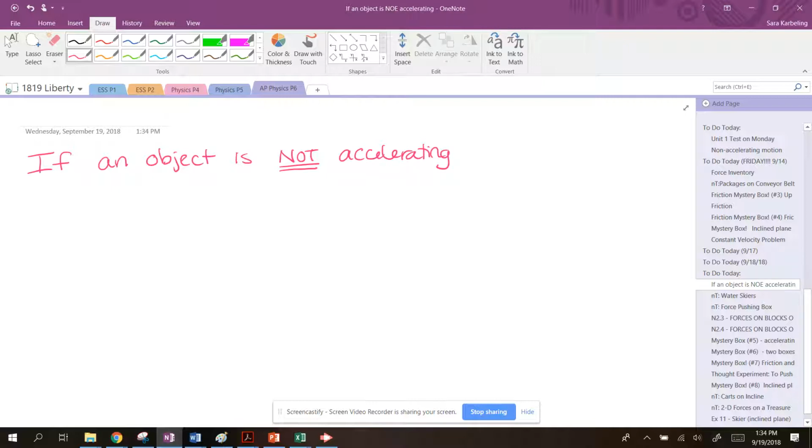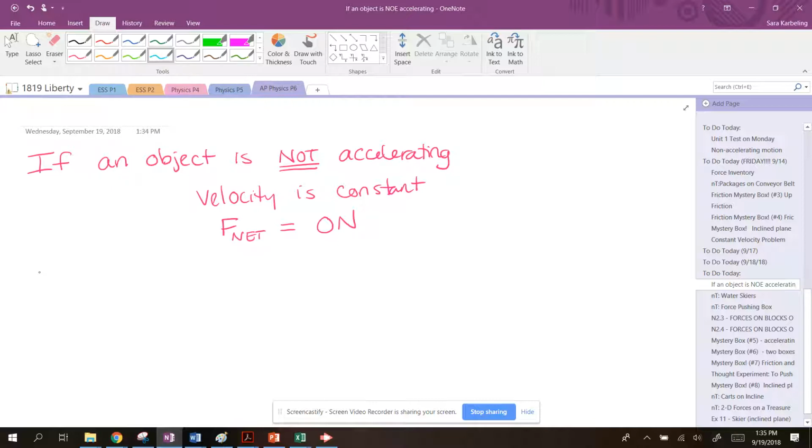What do you know about its velocity? The velocity is constant. Awesome. What do you know about the net force acting on the object? It has to be 0.